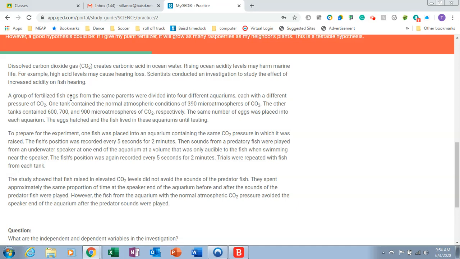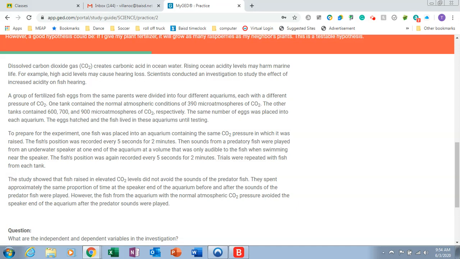But at normal conditions, like 390, when they're by the speaker, they'll be able to hear the predatory fish and then they'll just zip to the other side of the tank. So I'm going to say that the independent variable is the CO2, and the dependent variable is position in the tank.